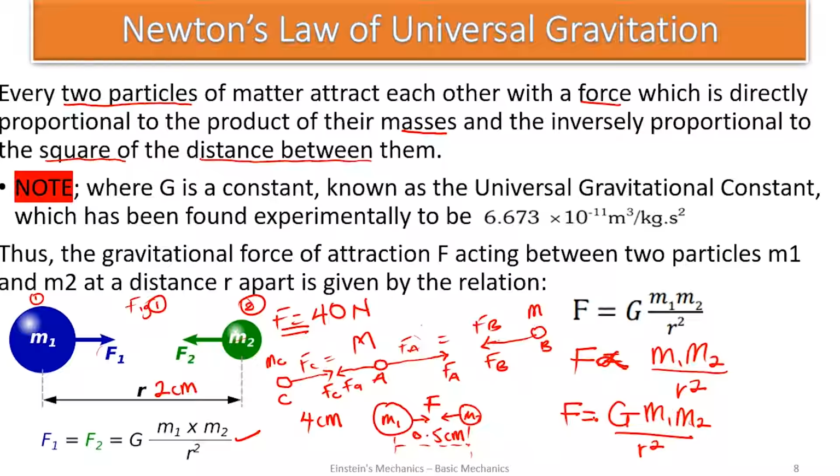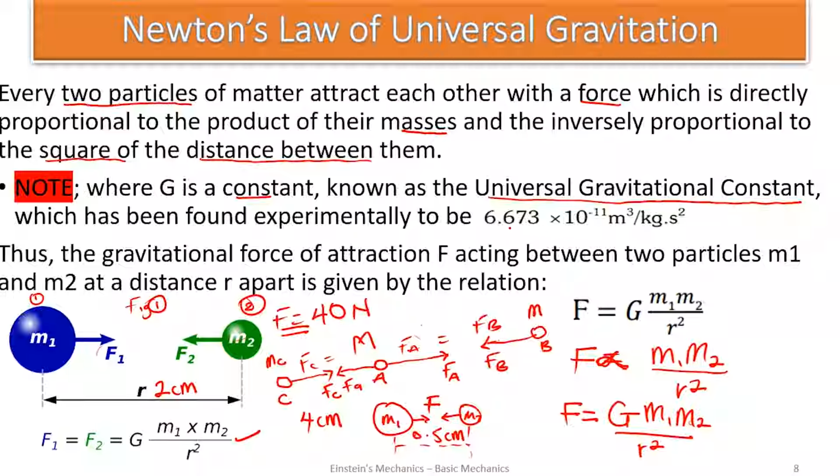Where this G I introduced as a result of the proportional sign is a constant, and it is known as the universal gravitational constant, and it is found from experiment that its value is 6.673 × 10^-11 m³/(kg·s²).